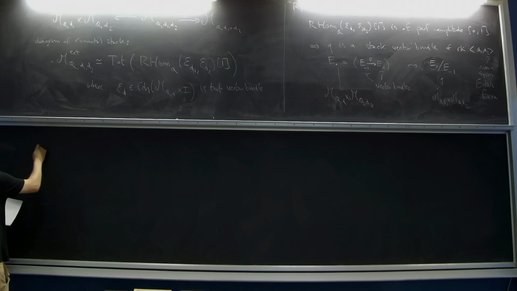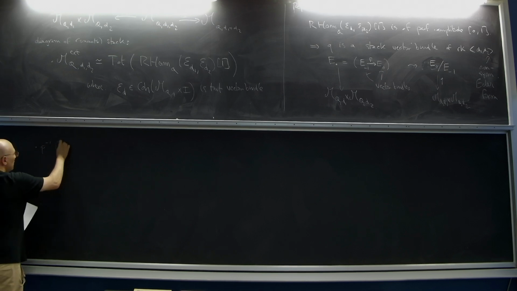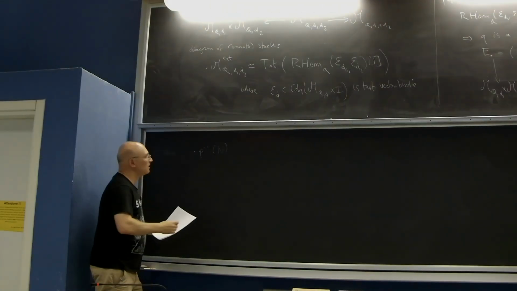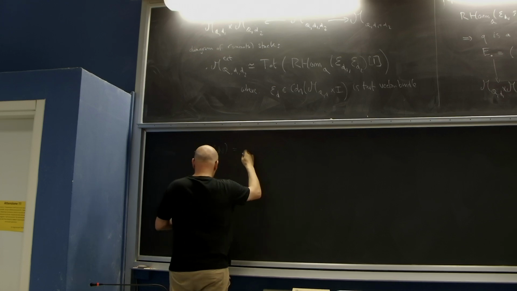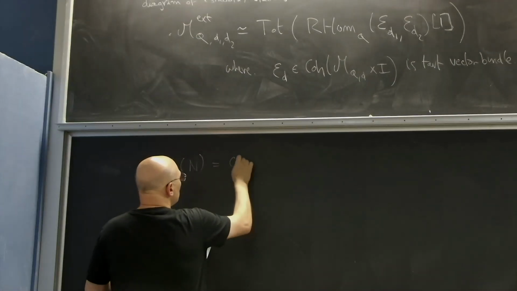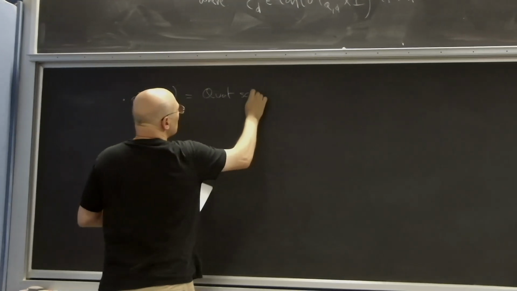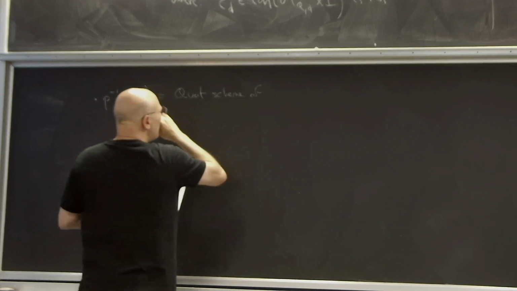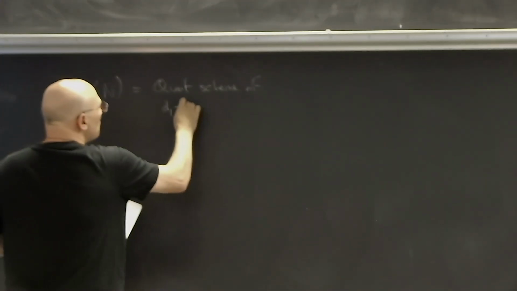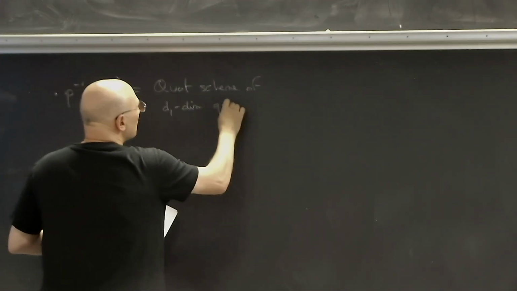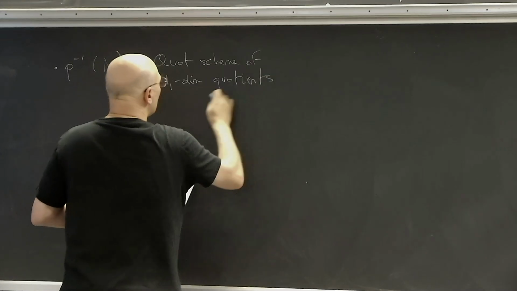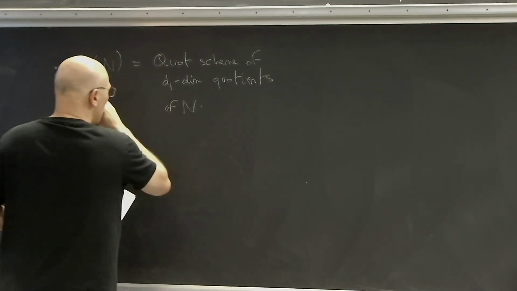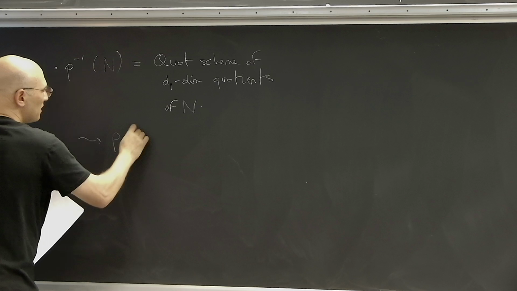Okay, and then if I look at P now, the fiber of P at a point N, then this is actually the quad scheme of D one-dimensional quotients of N, and from this we get that P is proper.